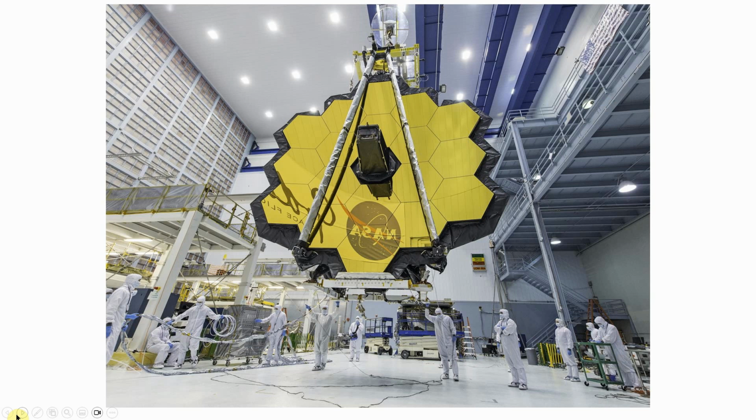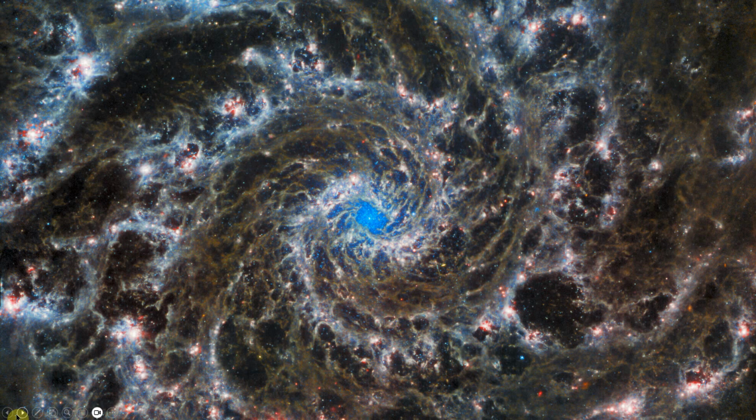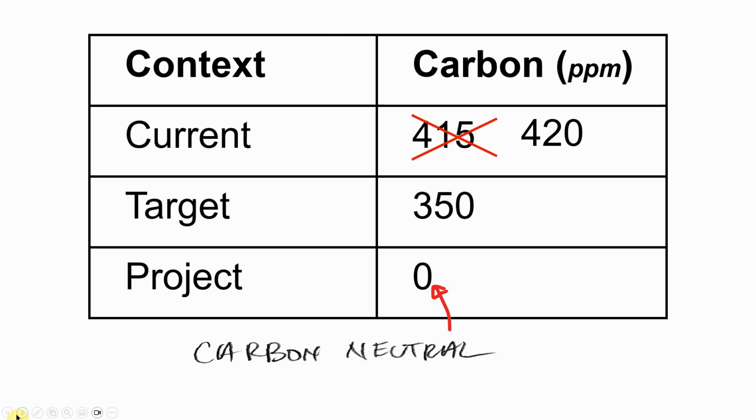The Webb Space Telescope was recently launched and it's now orbiting the Sun, 1 million miles from Earth, and it's taking pictures like this. This is of something called the Phantom Galaxy. It's about 32 million light years from Earth. I mean, come on, we're pretty amazing at what we can accomplish. So this is not a difficult thing.